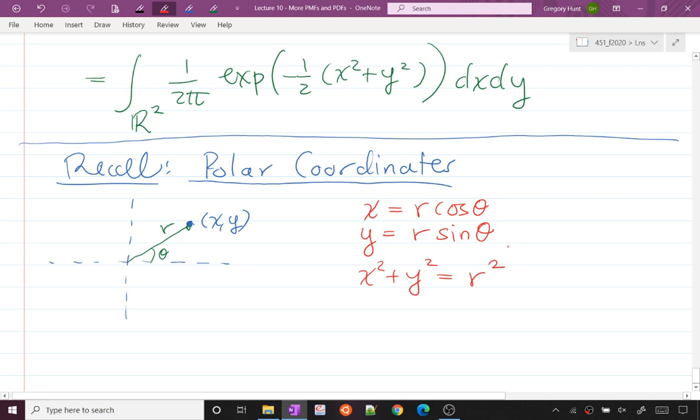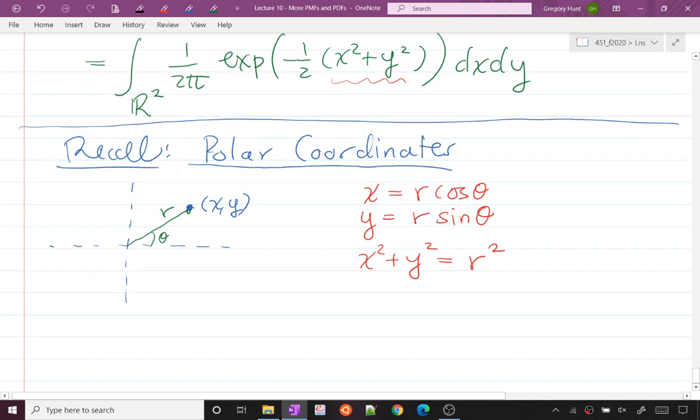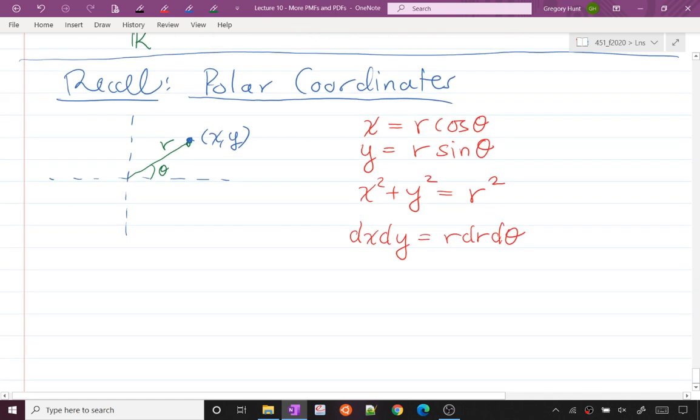That's some more rules of trigonometry. And because you're doing calculus, we then have to justify that we can swap out dx dy. Anyone remember? It's r dr d theta.